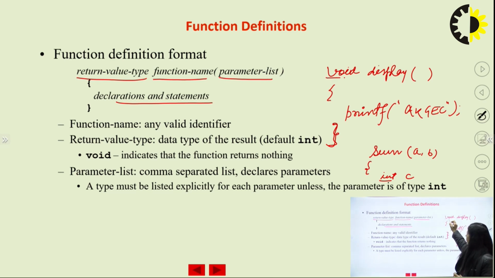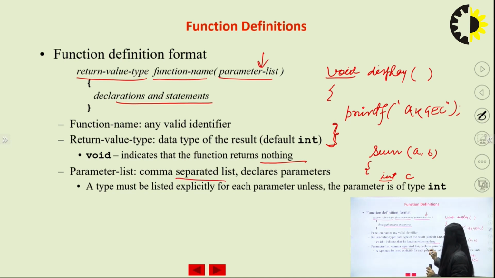For this function, we have included void, which says it is not going to return anything, right? So void indicates the function returns nothing. What is the parameter list? A comma separated list declares the parameters, like over here I have declared A, comma, B. These are the parameters.